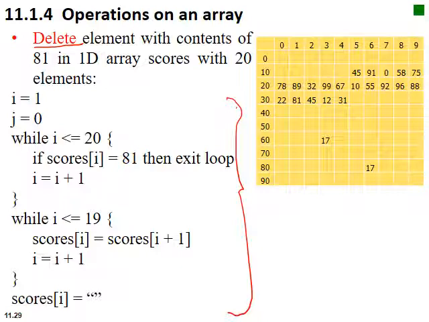We'll basically search starting from here through the entire array over there, continuing until we eventually find the element with the value 81 in it. And it will find it at the 17th element.